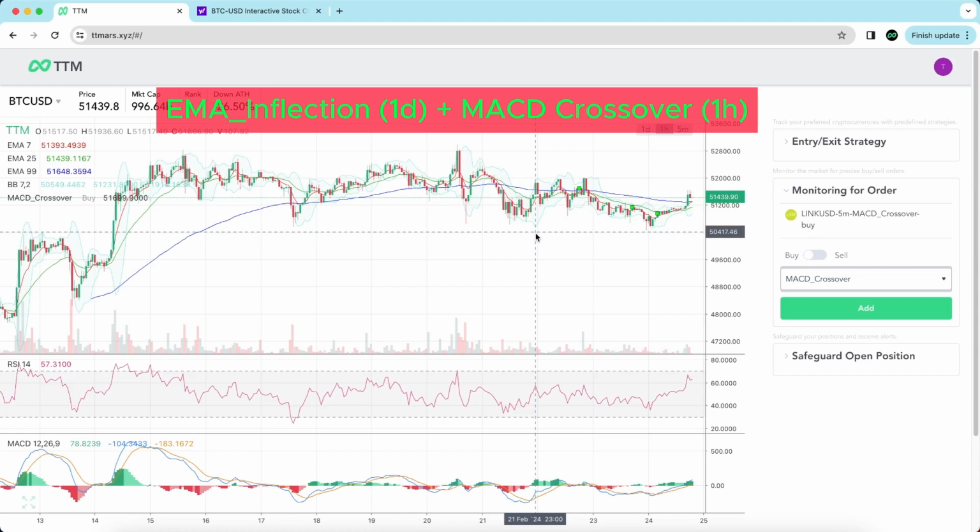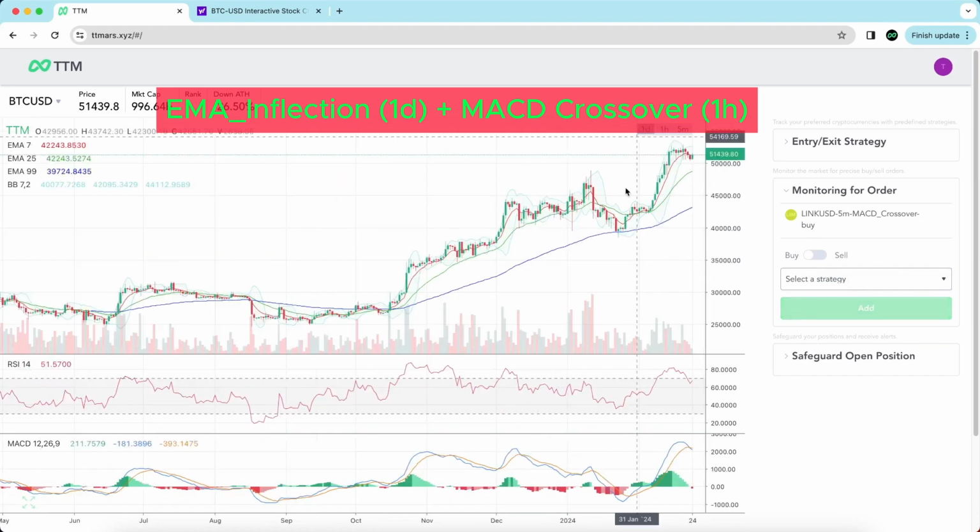This strategy can prevent you from entering too early with high cost and risking further price decline. For example, in the price chart here, if you enter the market in here, you are doing it at a high cost, and it's also very risky because the price is highly likely to decline. The RSI is very high, and the price didn't cross the EMA7, so it's very risky and also high cost.